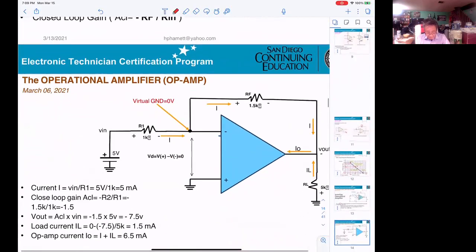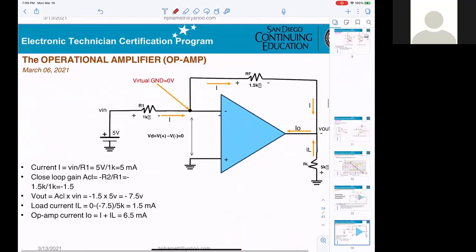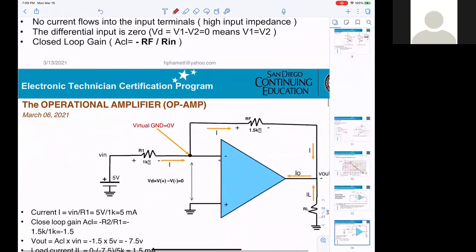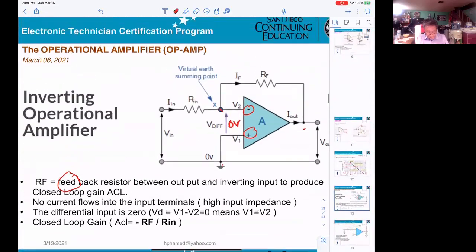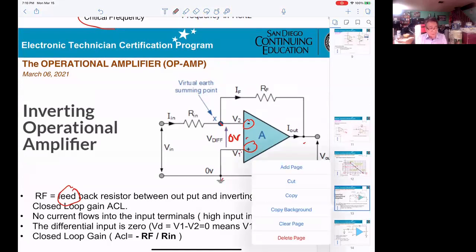Now, I will try to prove it. Why is the difference 0 volts? Why is the V diff 0? That's what we were talking about at the beginning. The difference between the positive and negative inputs will be 0 all the time.